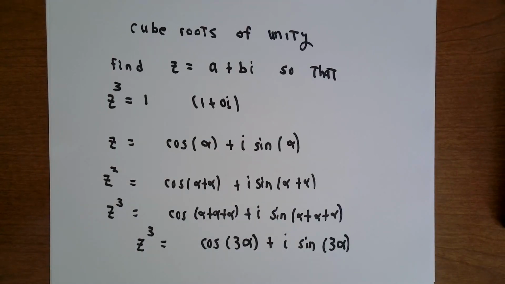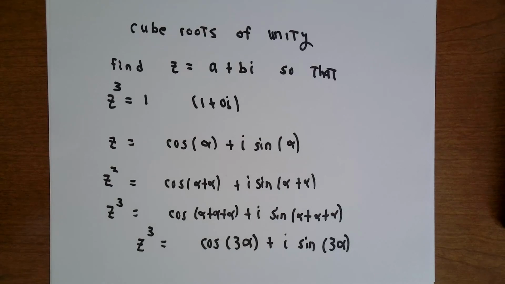When I multiply z by itself, the angle that goes with z squared will be 2 times the angle that went with z. When I calculate z cubed, which is z times z squared, I'll take twice the angle that went with z and add in the angle that goes with z. A complex number with modulus 1 and angle alpha is going to have cube equal to cosine of 3 alpha plus i sine of 3 alpha.